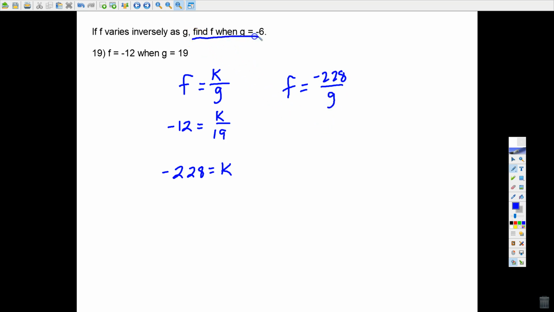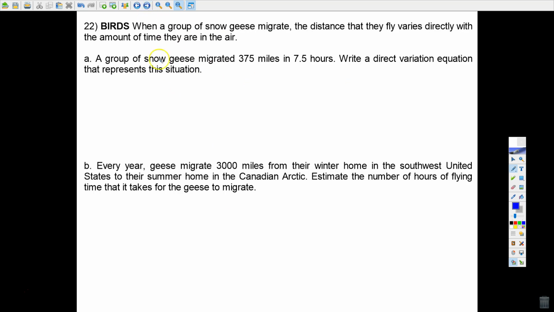And now to find f, I've got it set up to find f. I just replace g with -6, and I'll have my answer, -228 divided by -6. All right, let's see what that is, and that's 38. So my answer for number 19 is 38. Great. Let's move on.